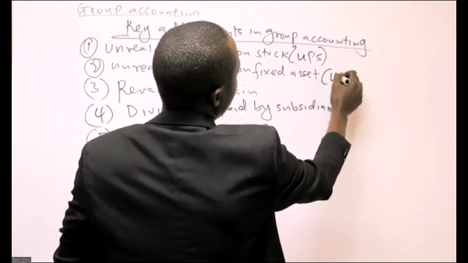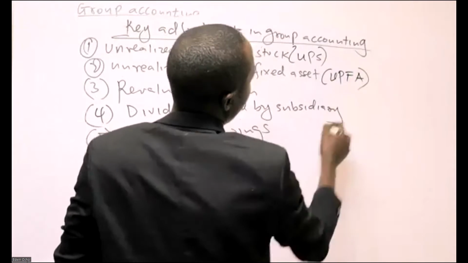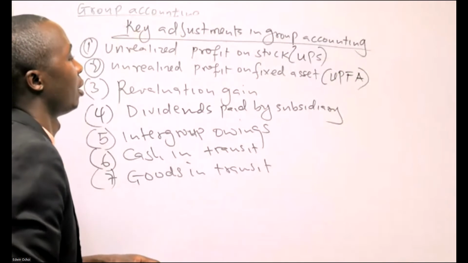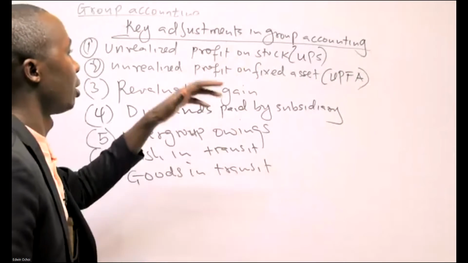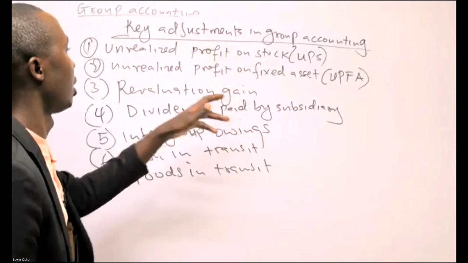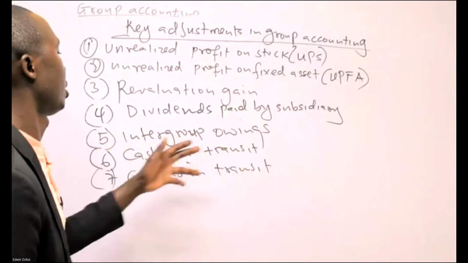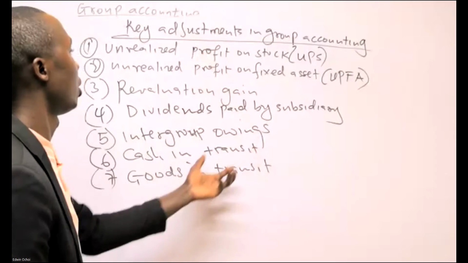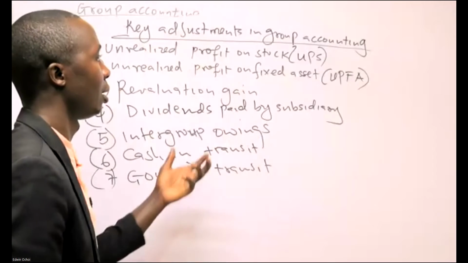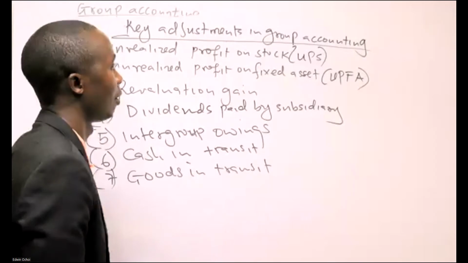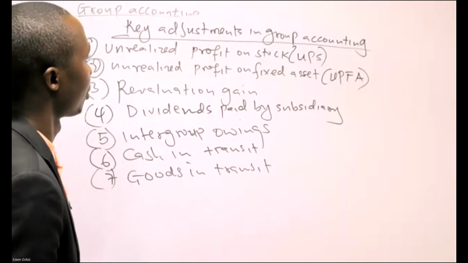Unrealized profit on fixed assets, UPFA. So how do we arrive at UPS, UPFA, revaluation gain, dividends paid by subsidiary, intergroup owings, cash in transit, goods in transit? How are you supposed to adjust them in the statements? That's all for a 20 marks question.